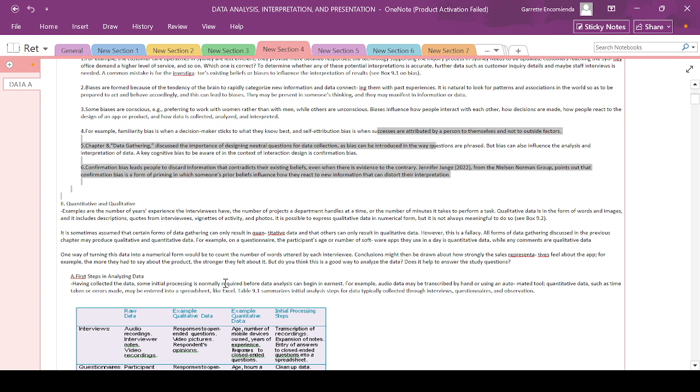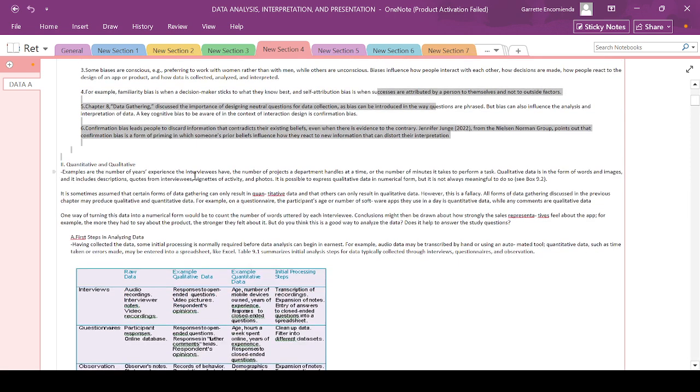Confirmation bias leads people to discard information that contradicts their existing beliefs, even when there is evidence to the contrary. Jennifer Nielsen in 2022 points out that confirmation bias is a form of priming in which someone's prior beliefs influence how they react to new information and can distort their interpretation.